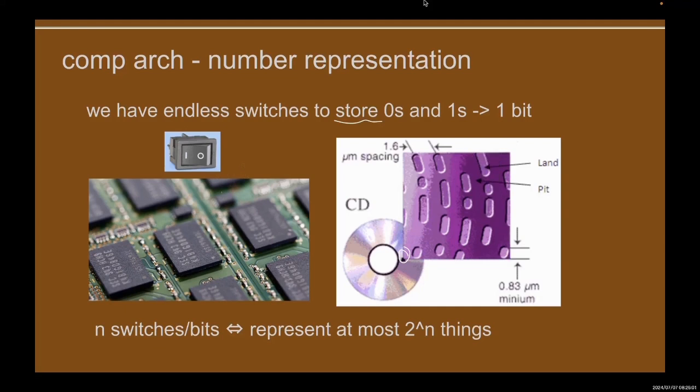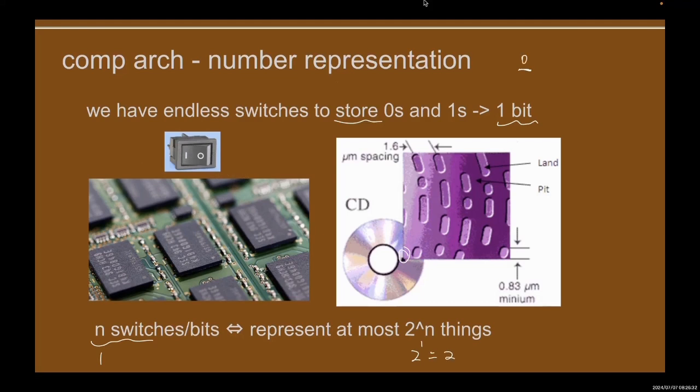And every 1 and every 0 is called a bit, and a bit is just a switch. Okay, and if the switch is on this side, it represents 1, and on this side it represents 0. And if you have one switch, n equals 1, you can represent 2 to the 1, which is two things, right?